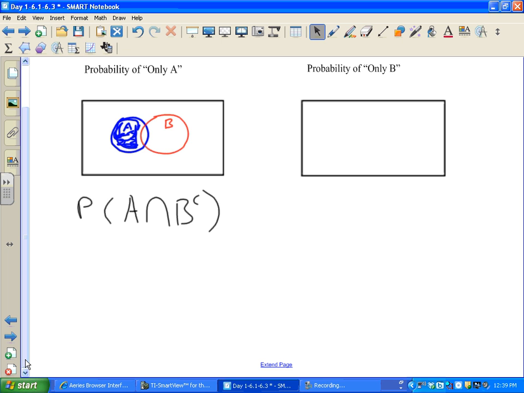Okay? This is the hard part. You're going to be doing some stuff like this on your homework tonight. It's going to give you the stats and say make a sketch. It's going to give you a sketch and say write it in stats.